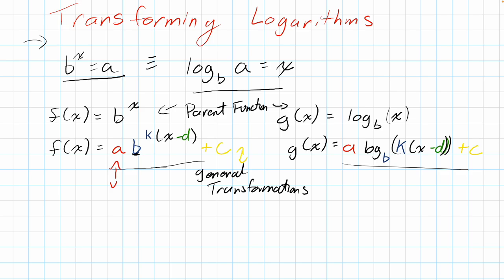The k value here will give us horizontal stretches and compressions, and the d value will give us horizontal movements. The exact same things happen with our logs, just that their curves look a little different. We have a vertical stretch or compression, we have a vertical movement up and down, k gives us a horizontal stretch or compression, and d gives us horizontal movement to the left or to the right.